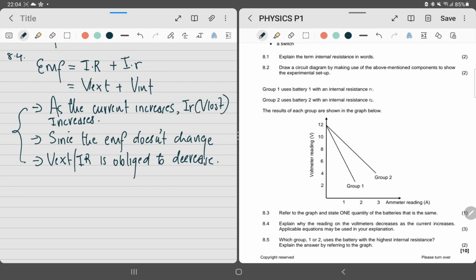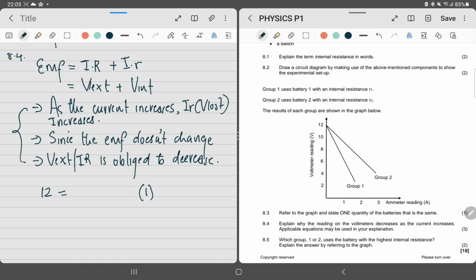So the value of the EMF is 12. Let's just say this is 12. And then let's just say the internal resistance is a 1. So we said the EMF and then the internal resistance, they do not change, which means even if when the current increases, the EMF and the internal resistance will always be the same.